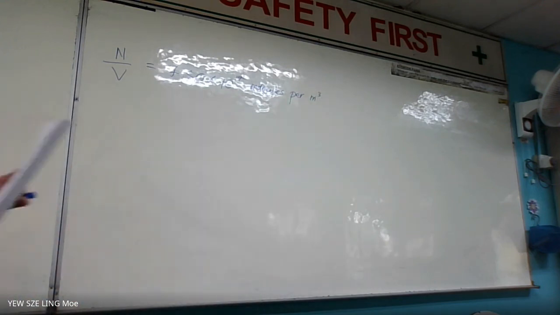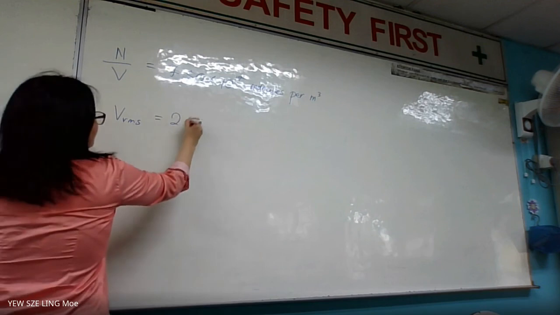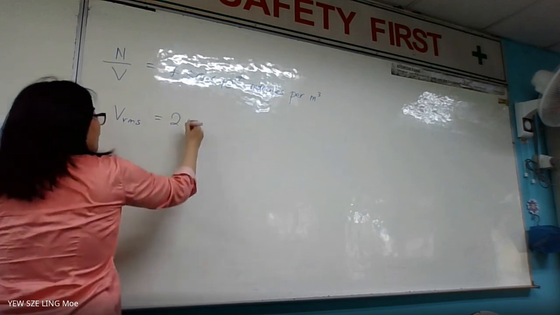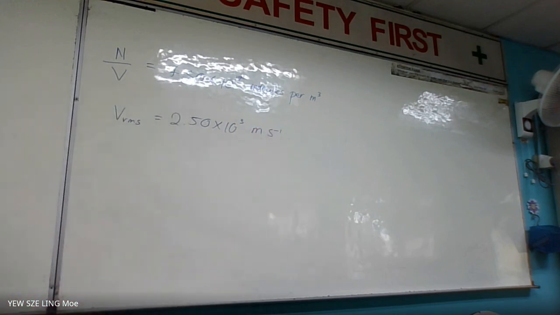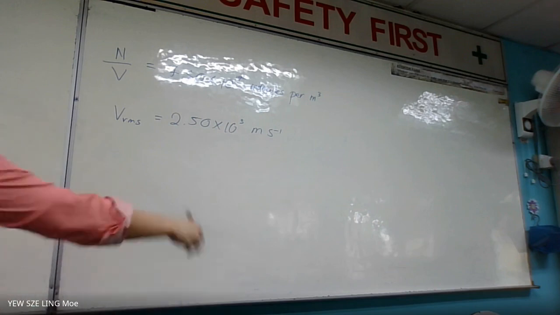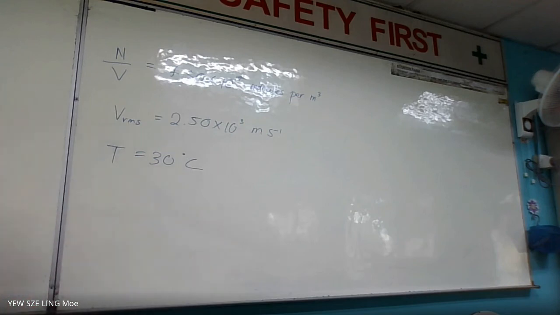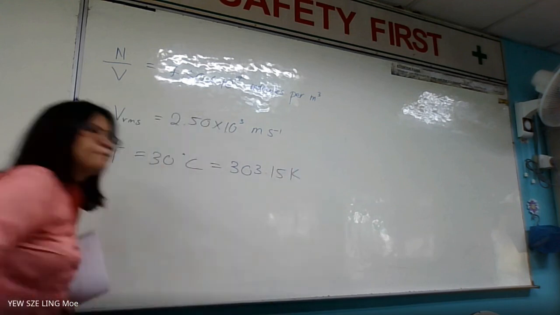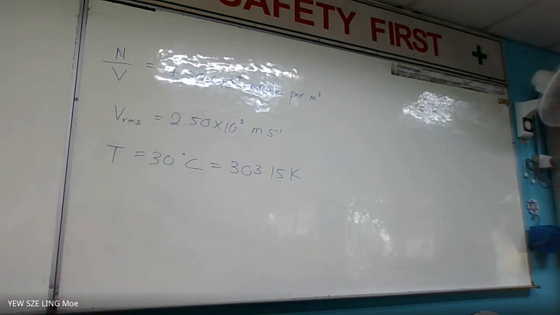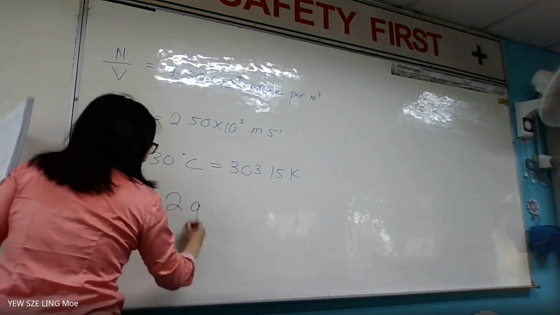And the root mean square speed, your VRMS, is given as 2.5 times 10 to the power of 3 meters per second at temperature 30 degrees C. Now, 30 degrees C is not an SI unit, so it is equal to 303.15 Kelvin. Given the molar mass of hydrogen gas, M is equal to 2 gram per mole.